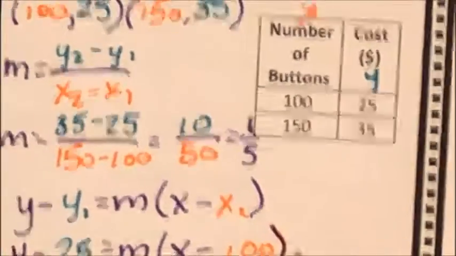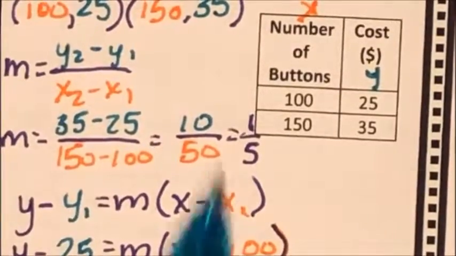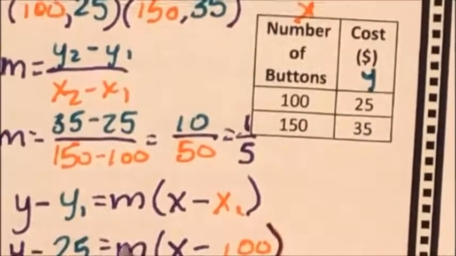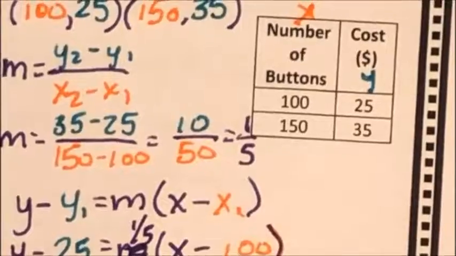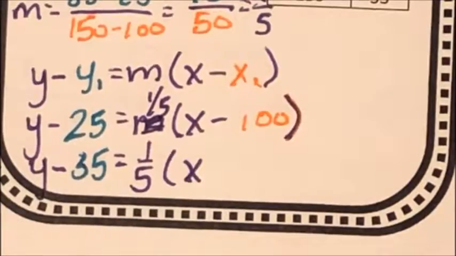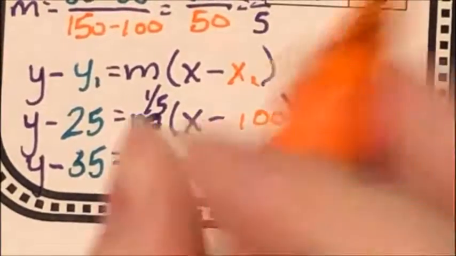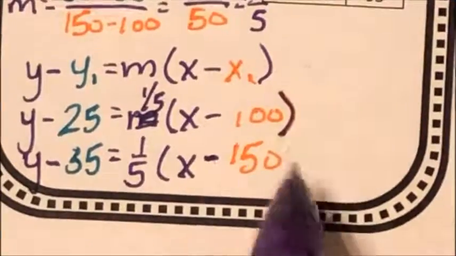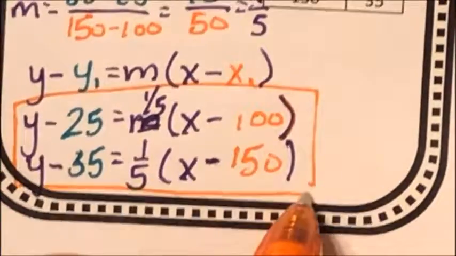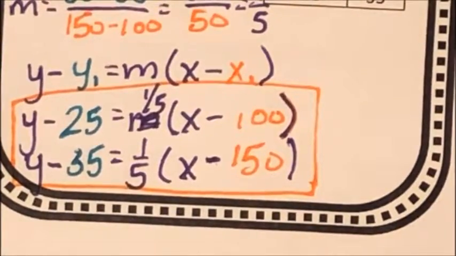You could have also done y minus 35 equals 1/5 times x minus 150. Okay. So either of these would work. Completely up to you, whichever one you would like to use. Because you can pick either point. It doesn't matter which one you pick. I just picked the first one we had, so. Okay.